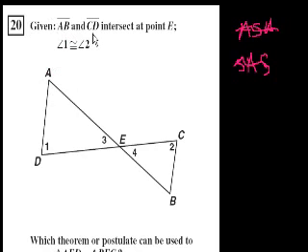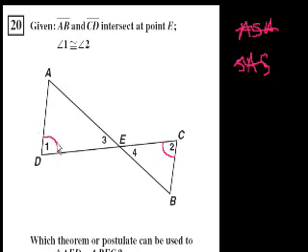Given AB and CD intersect at point E. And they tell us that angle 1 is congruent to angle 2. So that and that are equal. Those look like alternate interior angles if this line were parallel.